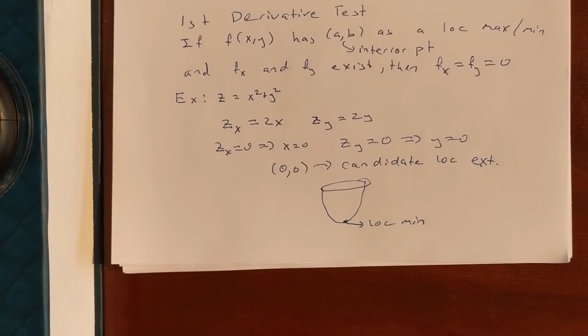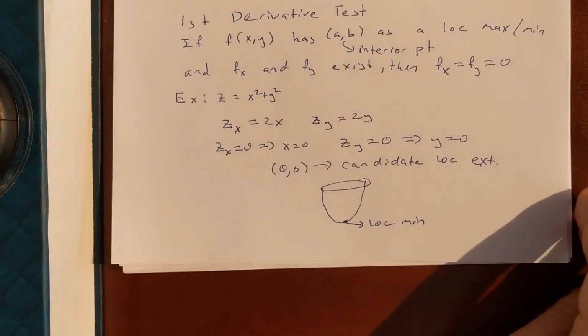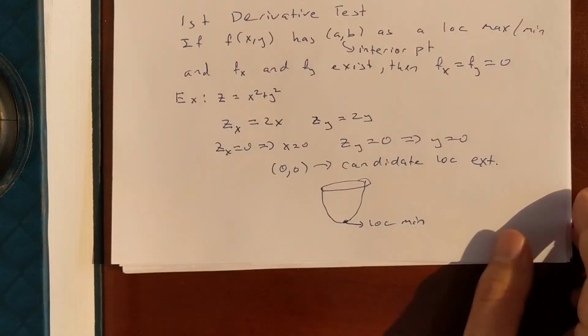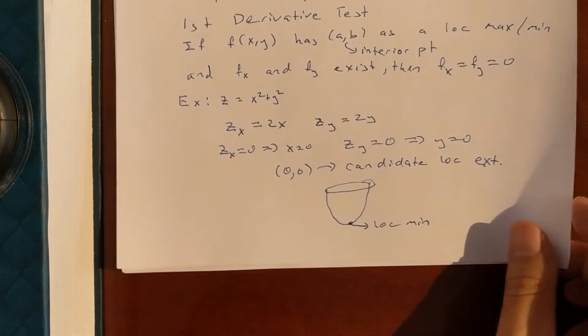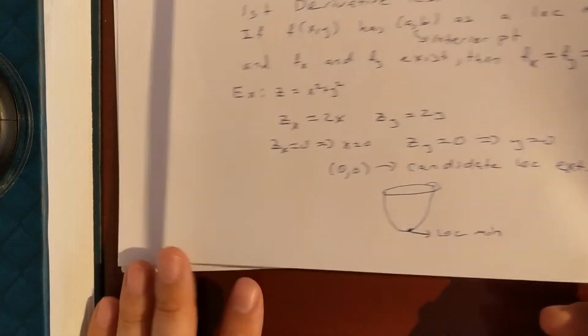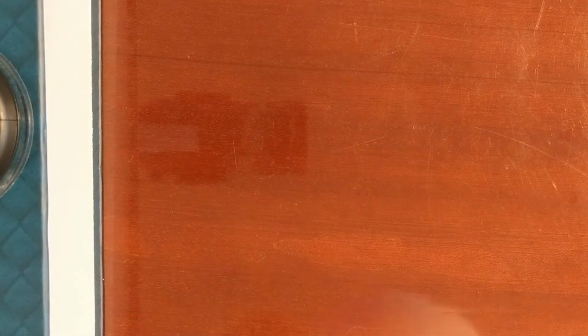We're not going to do tables. Instead, we want to find a way to tell them using the second derivative test. Remember, we had the second derivative test for single variables. We're going to develop a second derivative test for more than one variable, at least functions of two variables.